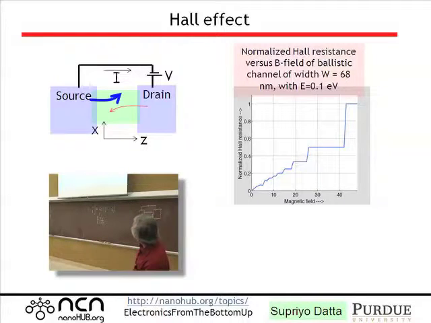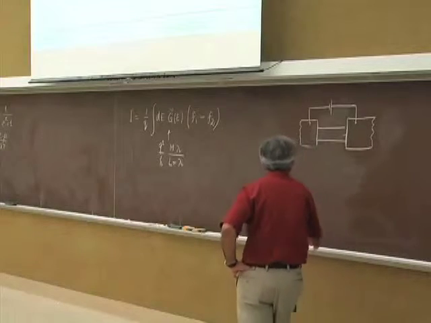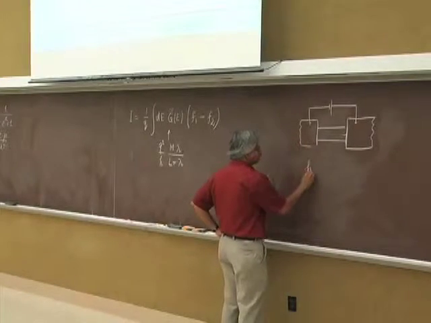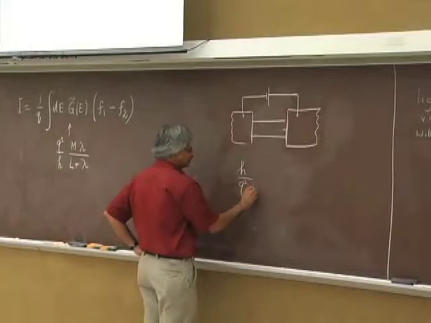One of the interesting things that happens at high fields, which I won't go into, is that the Hall resistance shows very sharp, very nice plateaus. That was probably the first example where this quantum of conductance played a very important role, in the sense that the Hall resistance looks like h over q squared times an integer.